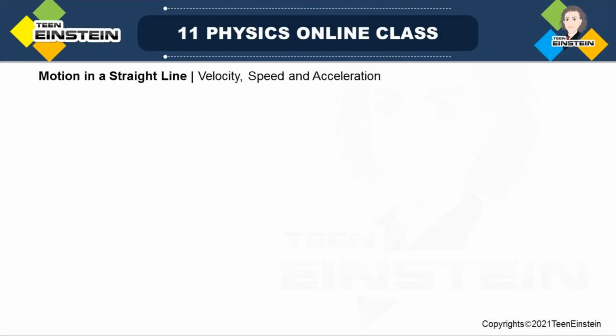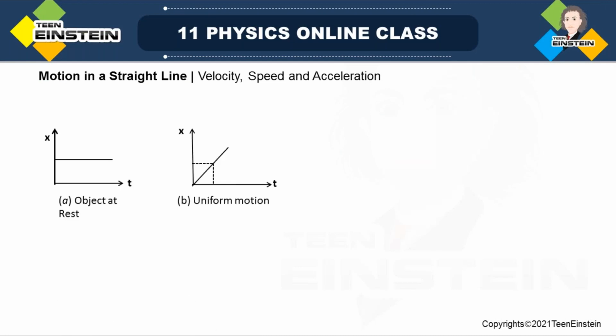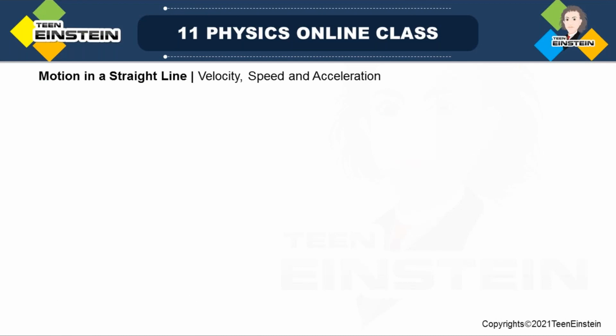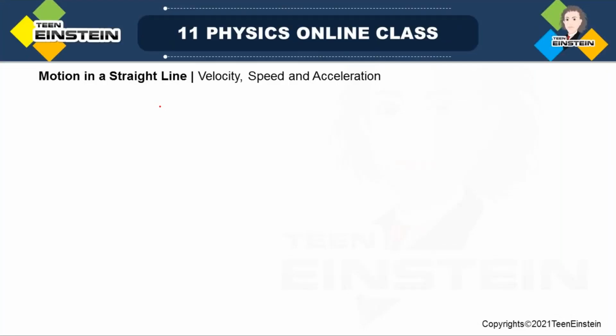We had already learned what is called displacement, what is called position, and some coordinates, what is called frame of references, and we have defined what is displacement and what is distance, etc.